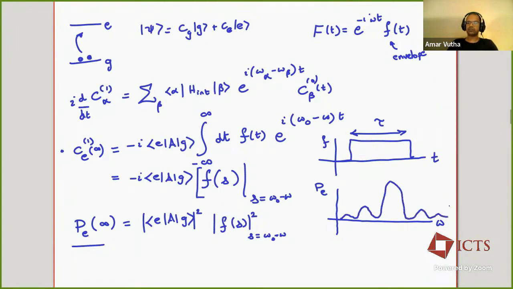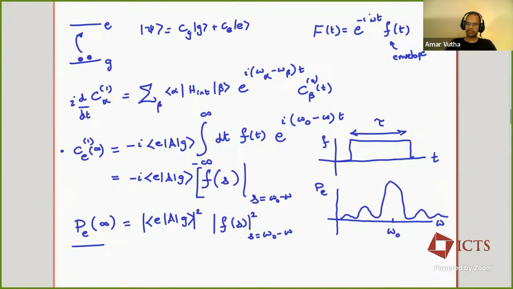And where is the sinc squared function centered? Well, if this was just f of t, the sinc squared would be centered at frequency 0, but you just have to move it over. That's basically what this omega naught minus omega is telling you. You just have to move over that sinc squared function to be centered at omega naught.